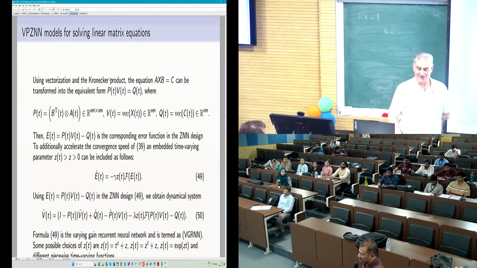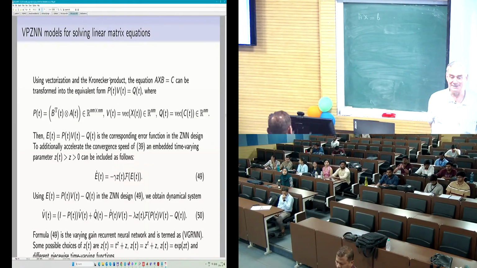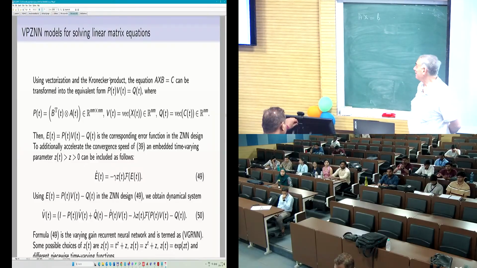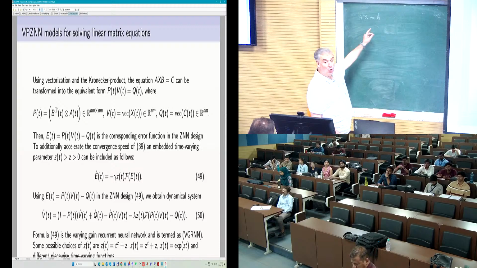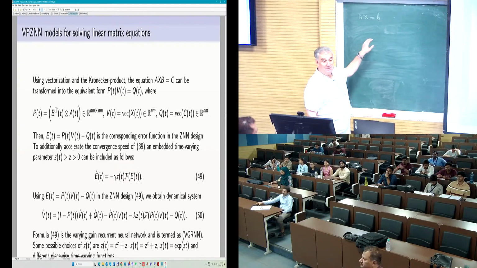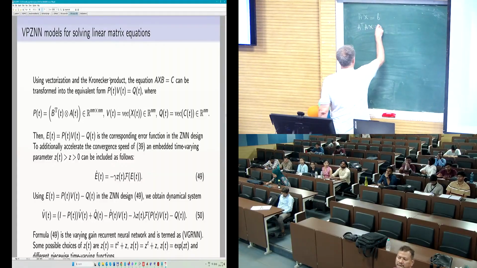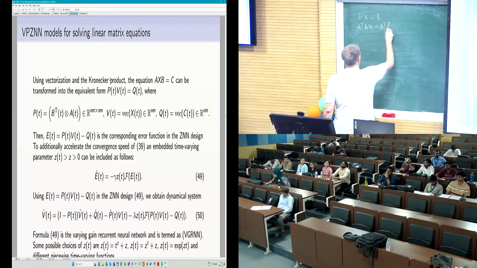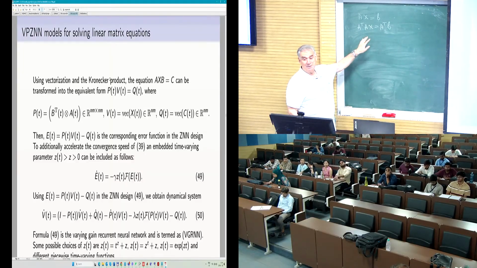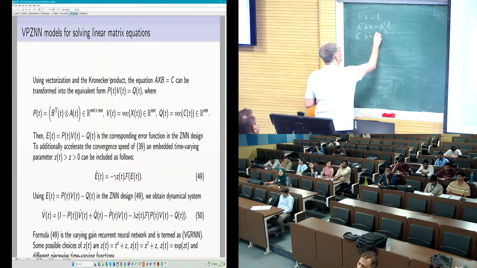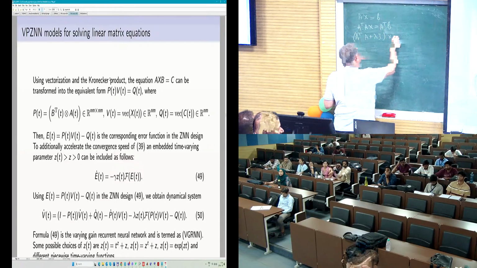Yes, you remember, this can be applied to the rectangular case, adding some zero columns or some zero rows to get a normal square system. But in ZNN, we will add another term and use the Tikhonov approach for the rectangular case.